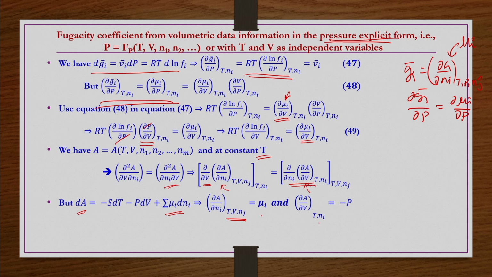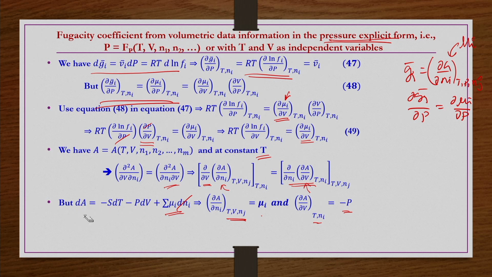And then similarly, at constant temperature and constant composition, if you partially differentiate this equation with respect to volume, keeping temperature and Ni constant, then ∂A/∂V should be equal to −P from this equation.